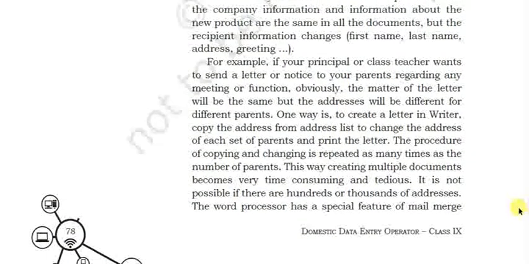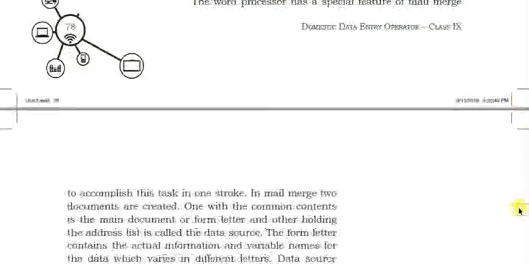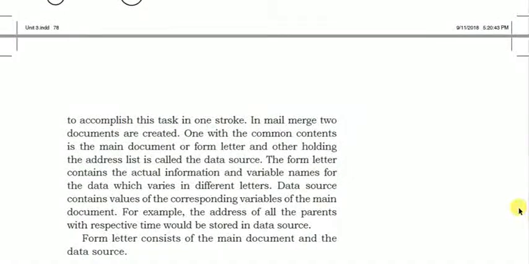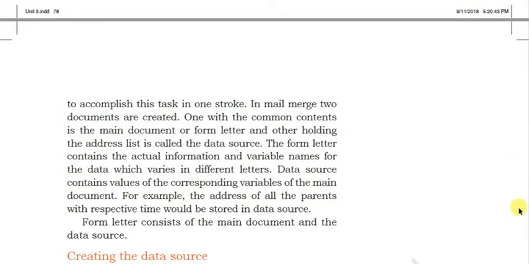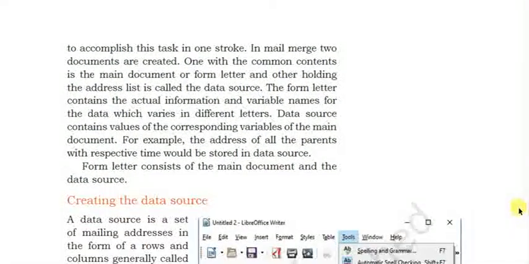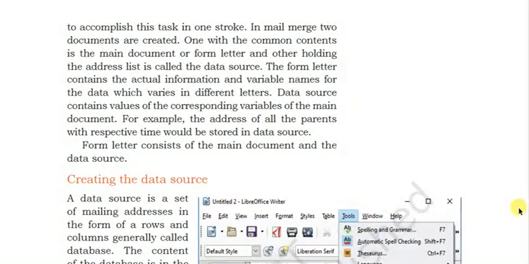So the word processor has a special feature of mail merge to accomplish this task in one go. In mail merge, two documents are created: one with the common contents, called the main document or form letter, and the second one holding the address list, which is called the data source.